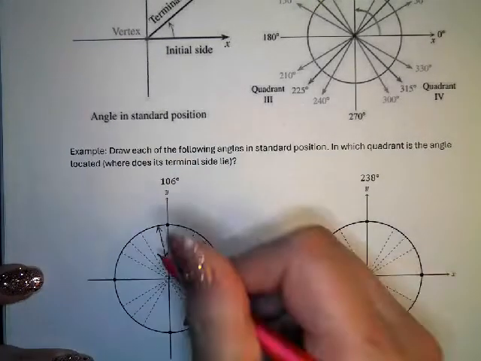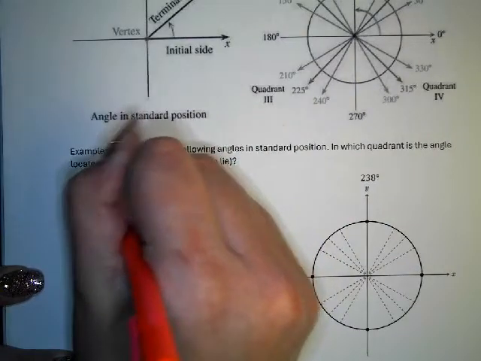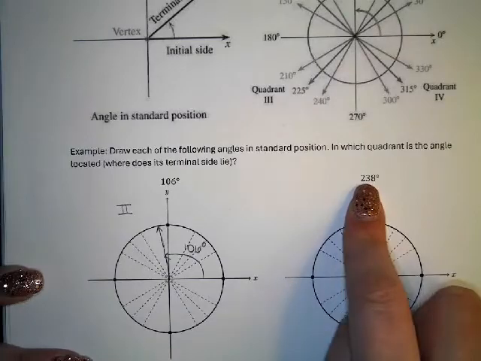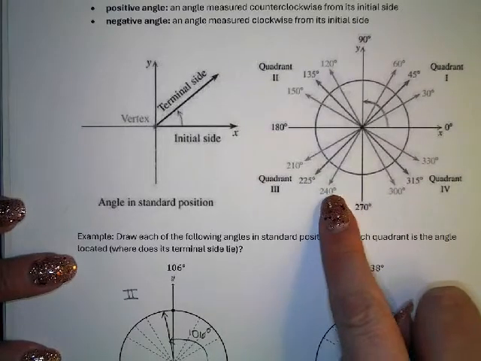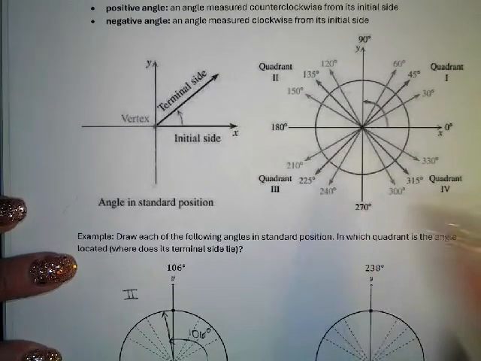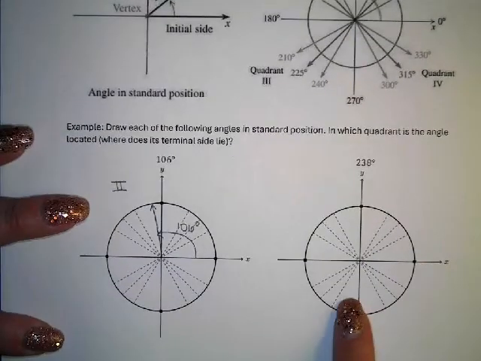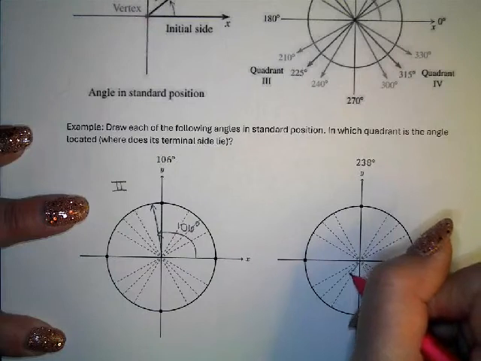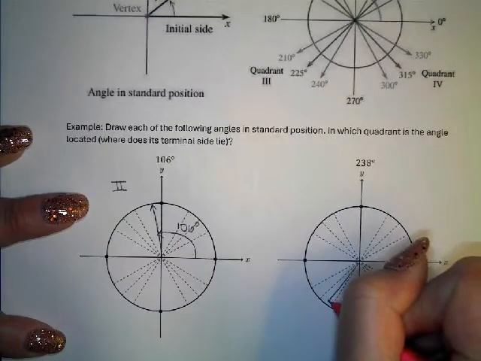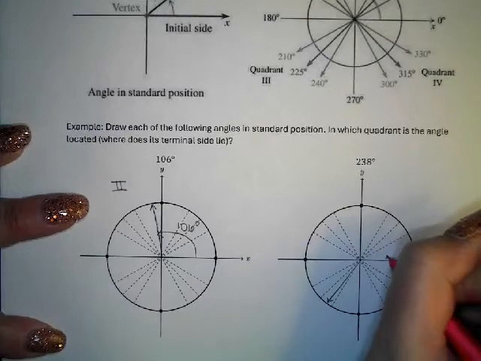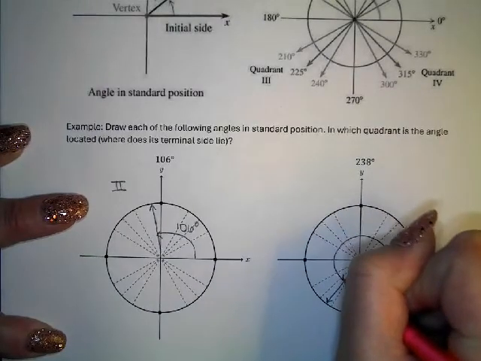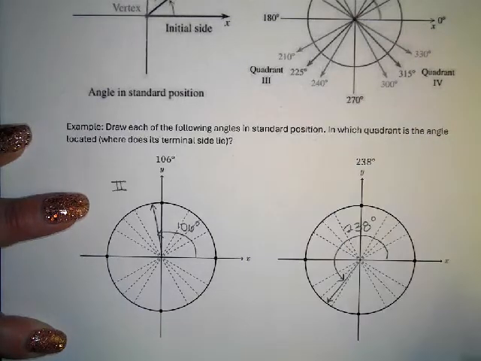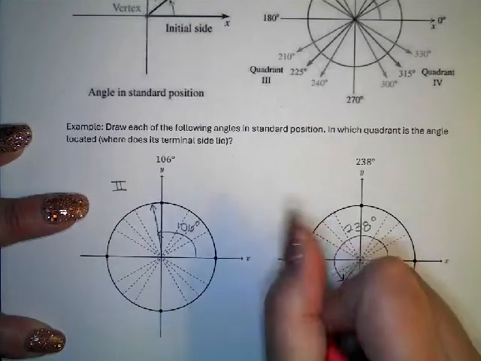And the terminal side lies in quadrant 2. 238 degrees is going to be very close to 240 degrees, just a little bit off of 240, which is right down here. So this is a 238-degree angle, and the terminal side lies in quadrant 3.